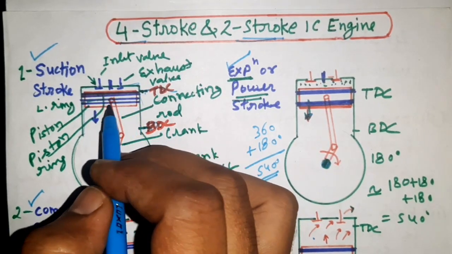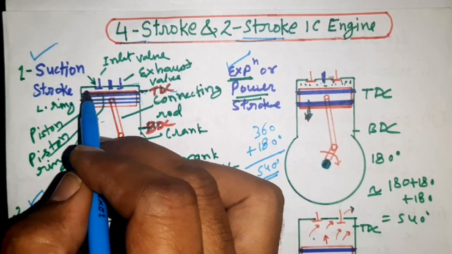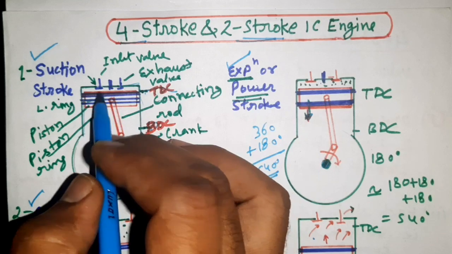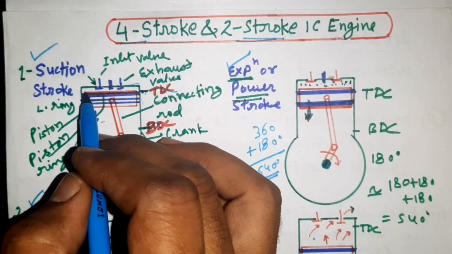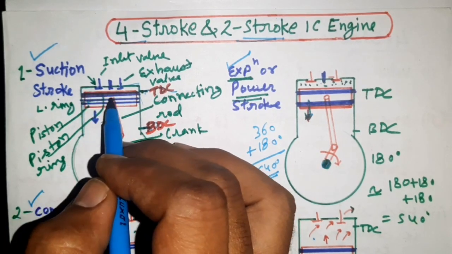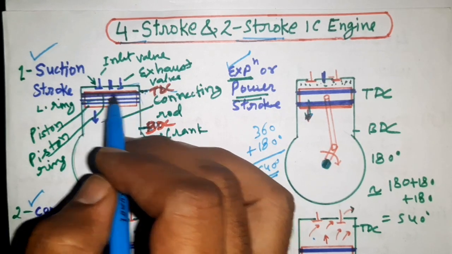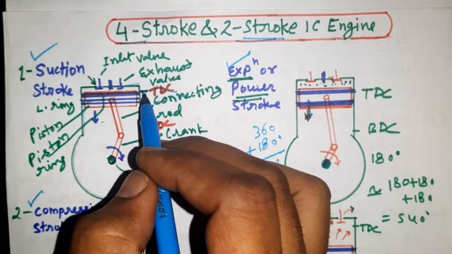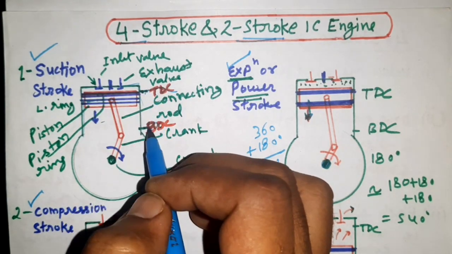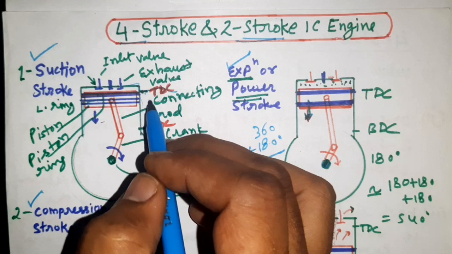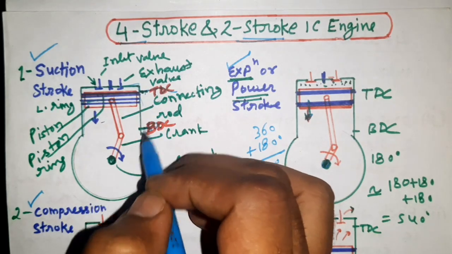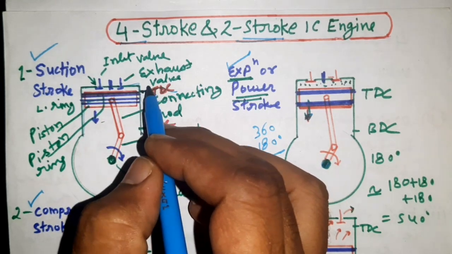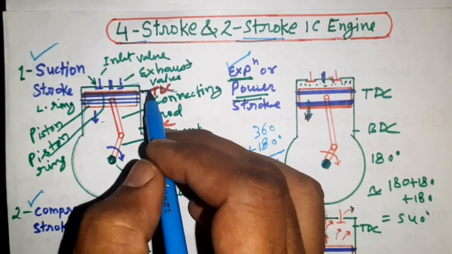This will suck the air fuel mixture into the combustion chamber. This is the suction stroke, and this is the stroke length, so this will be stroke length L.